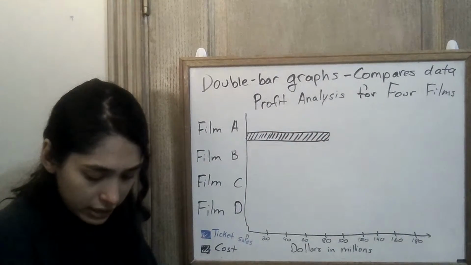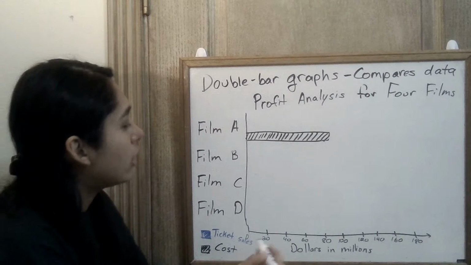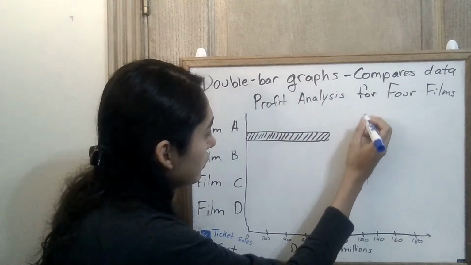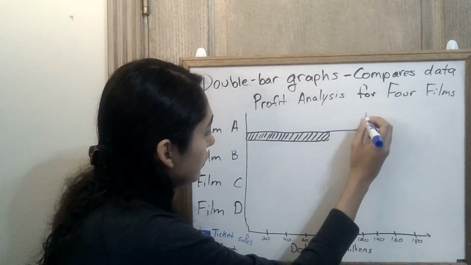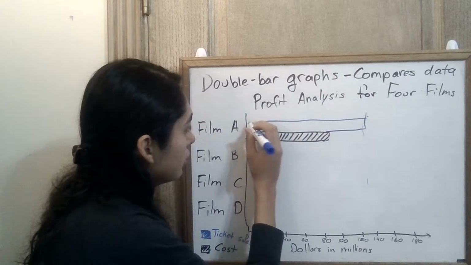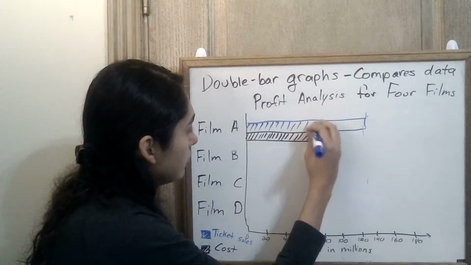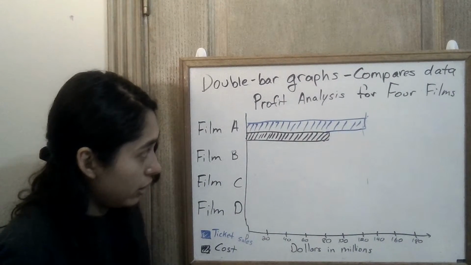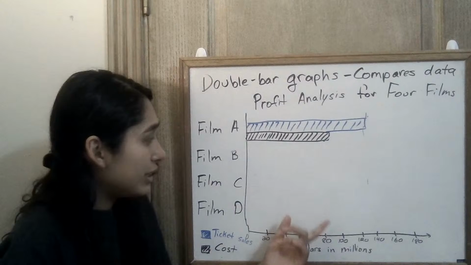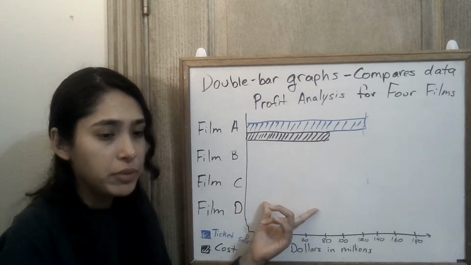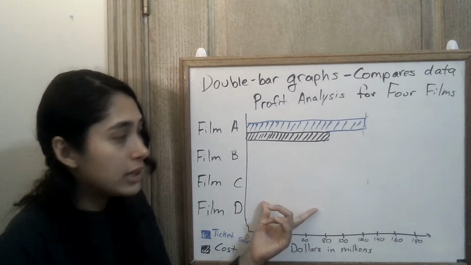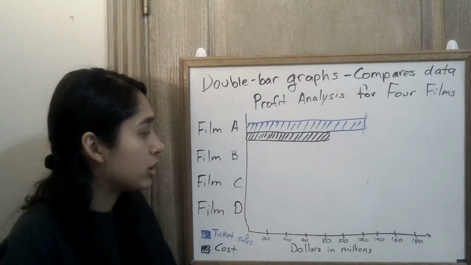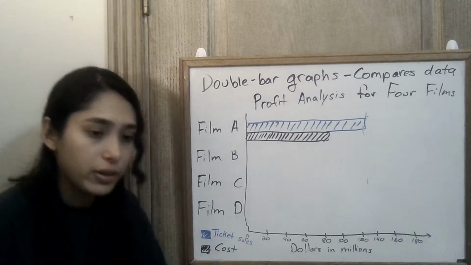But then they ended up earning $130 million back. Well, it did cost more than $80 million to make that movie, but they ended up making more than $130 million. So profit, what is profit?